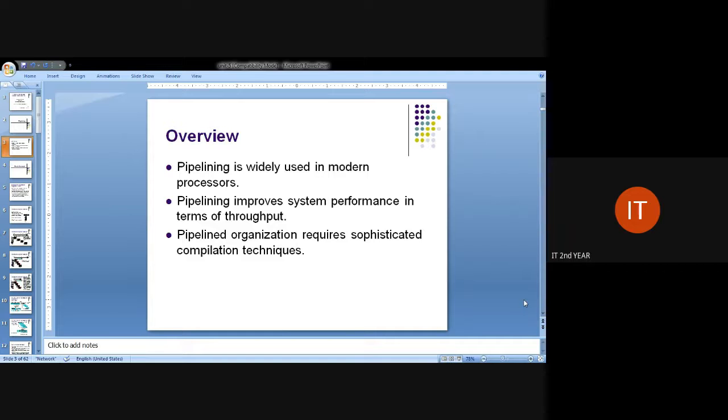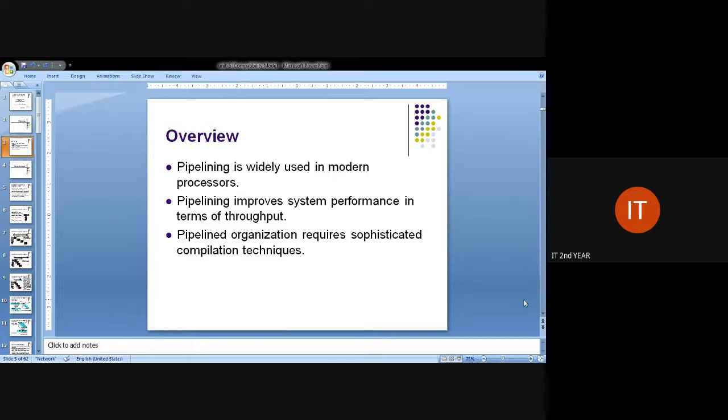Pipelining is widely used in modern processors, because it basically involves instruction execution and how we provide those instructions in a proper way. Pipelining improves the system performance, and in turn it increases the throughput.